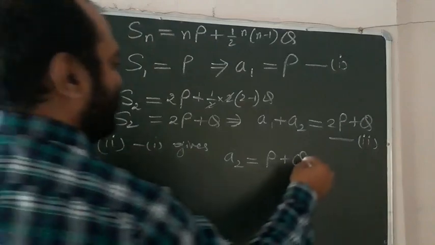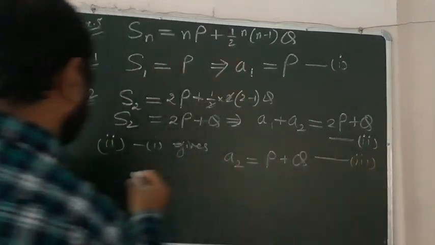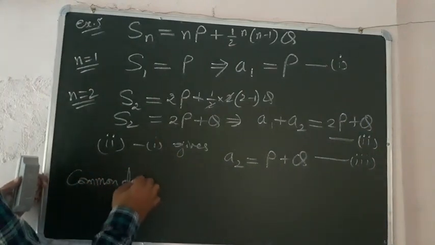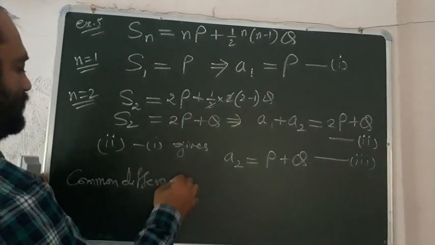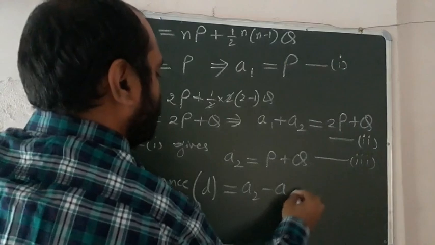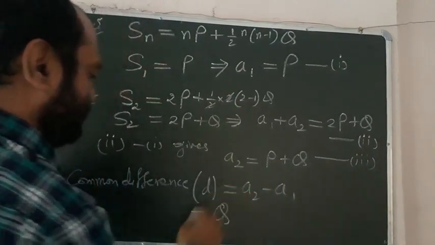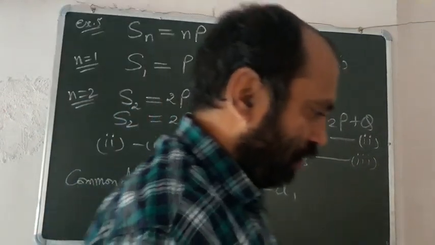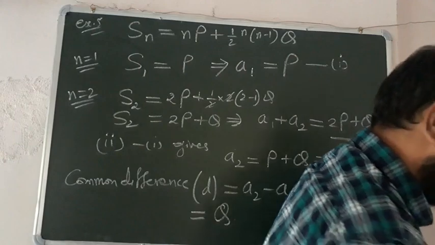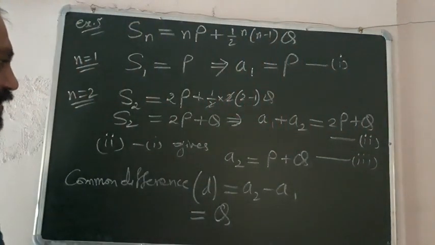So you will get the values of A1 and A2. So we can find the common difference d, which is equal to A2 minus A1. When we subtract, the common difference is q, beta. So the value of d is q, right? This is your right answer for example number 5, beta.